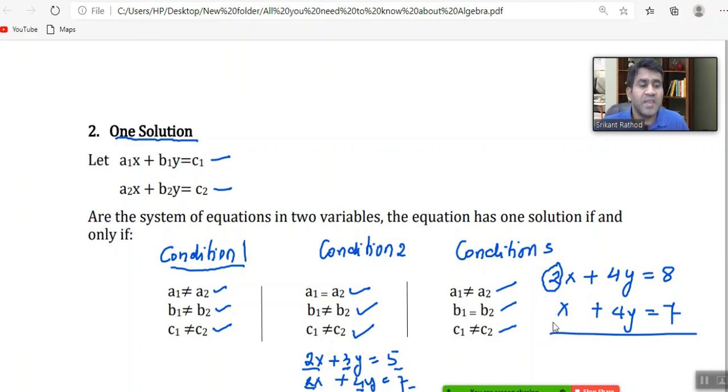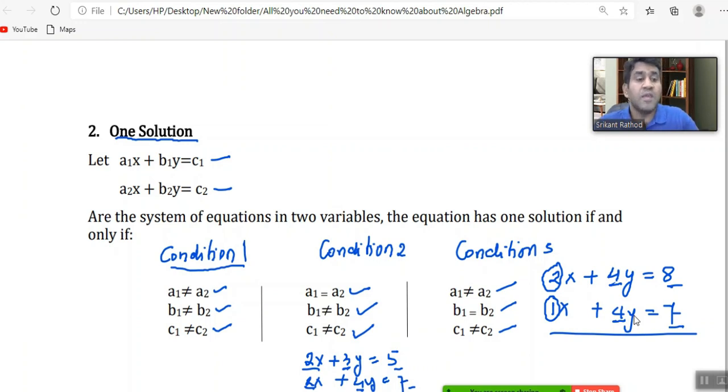If you are not writing anything, the coefficient is going to be 1, so this can also be written as 1x. So the values of a1 and a2 are different, but the values of b1 and b2 are the same, and c1 and c2 are different. This is how you check whether the system of equations has one solution. These are the conditions to check it.